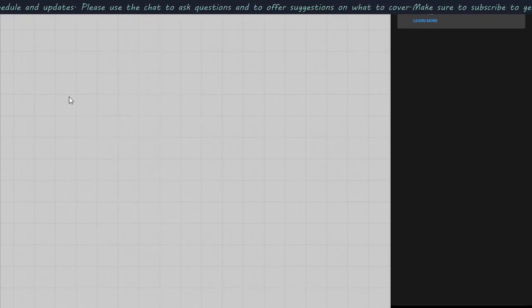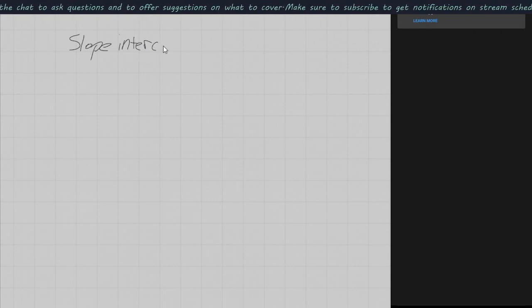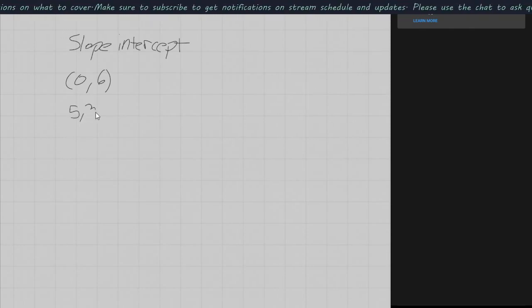So if you were asked to find the slope-intercept form of a function whose points went through 0, 6 and 5, 3. Okay, so we're going to solve this twice.